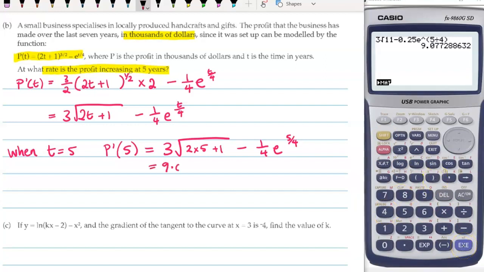That is 9.077, but remembering that we had this in thousands of dollars, so writing this as an answer, that'll be $9,077 per year is the increase, or the rate of increase.